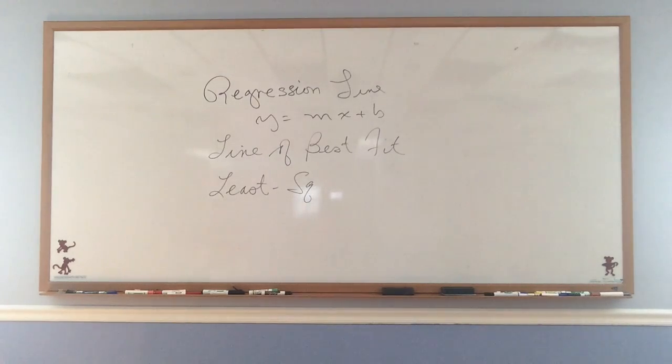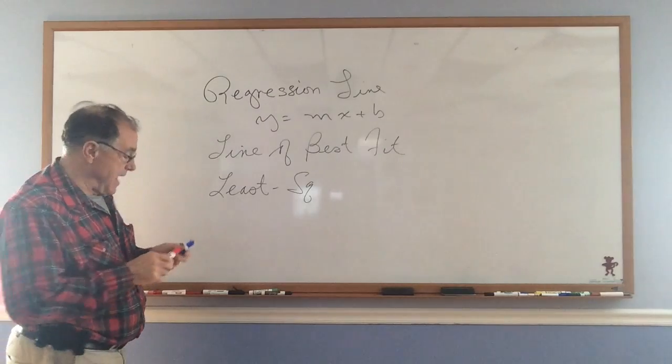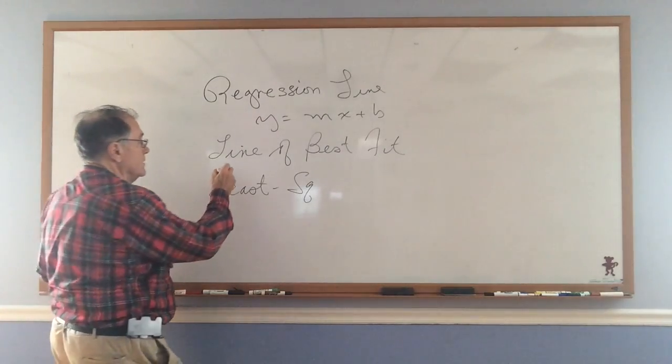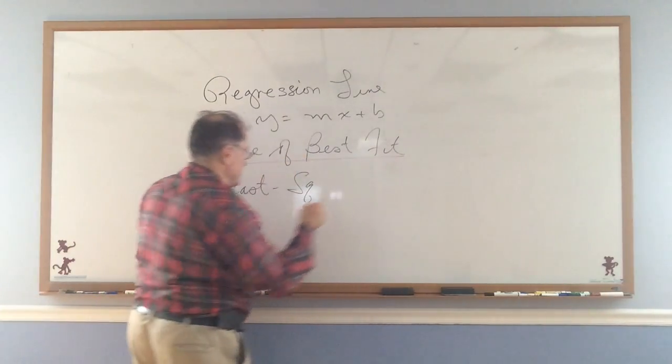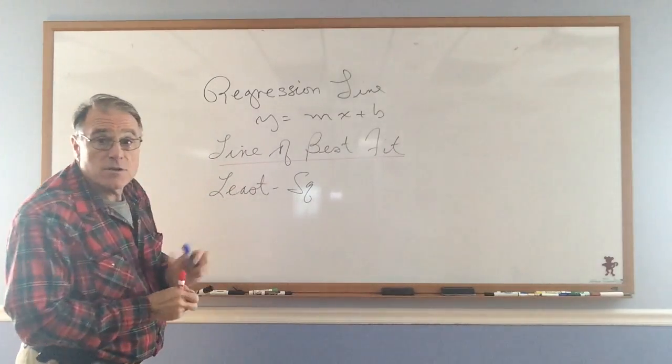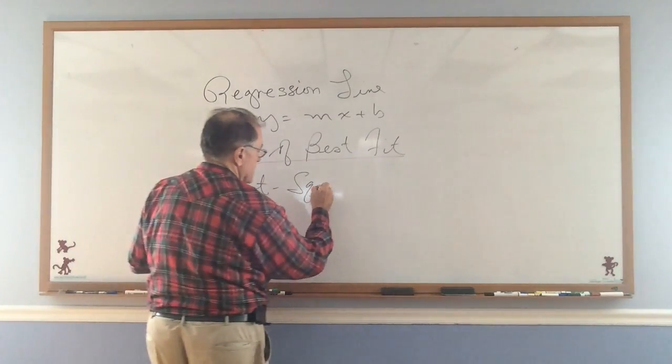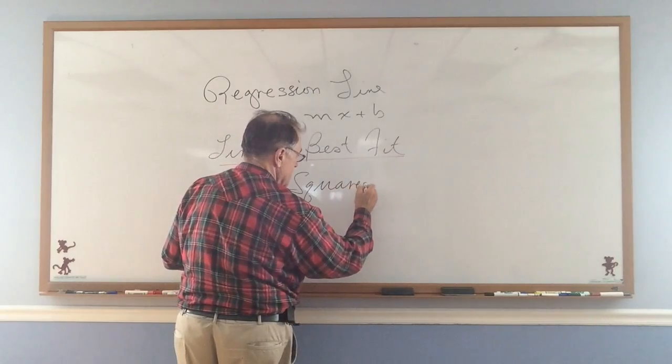So again, this regression equation, this regression line, has two other names. It's called the line of best fit, and it is also called the least squares line.